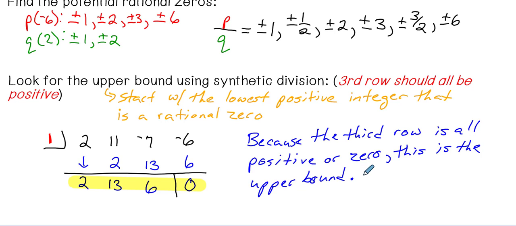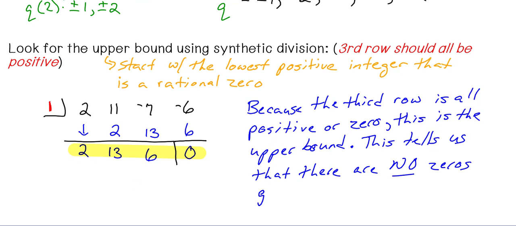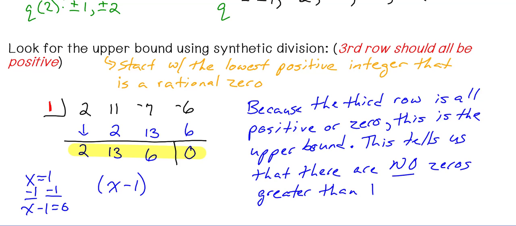And what that tells us is that there are no zeros greater than 1. Okay, so this factor would be the factor x minus 1. Because remember, this is x equals 1. We would have to move the 1 to the other side by subtracting it, and that would leave us with x minus 1 equals 0. So that is one of our zeros. And that is the upper level.